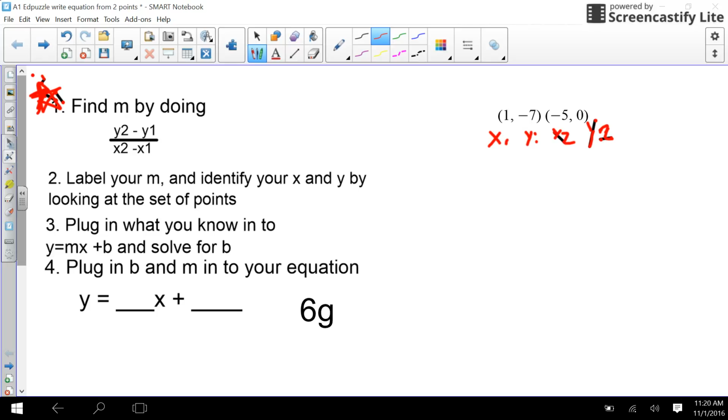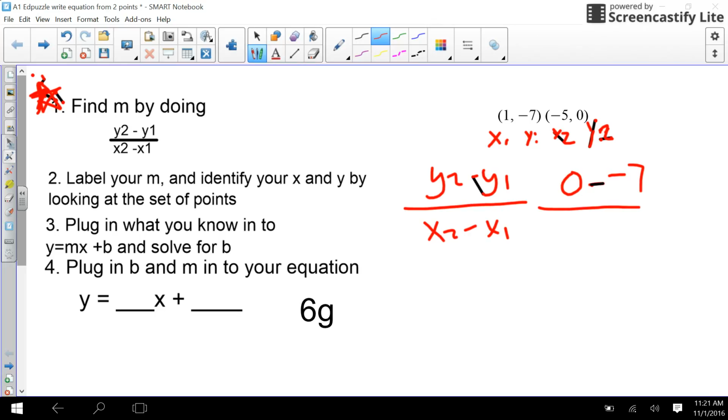Okay, so when I set up y2 minus y1 over x2 minus x1, I get 0 minus negative 7 over negative 5 minus 1. And let me run and grab a calculator.